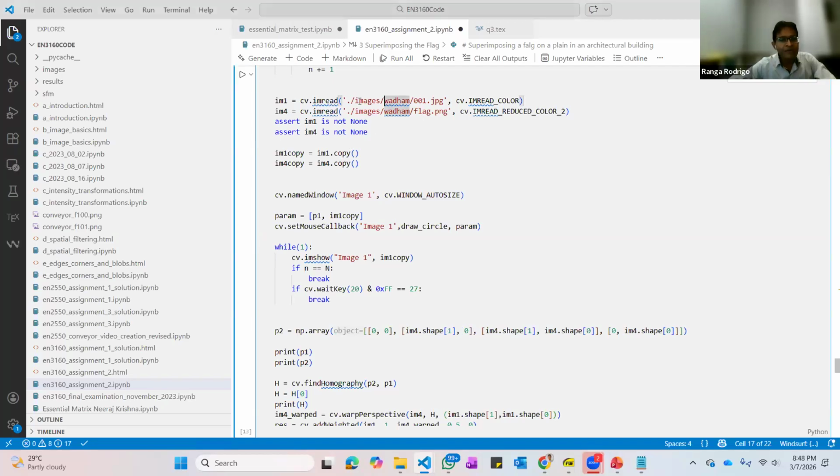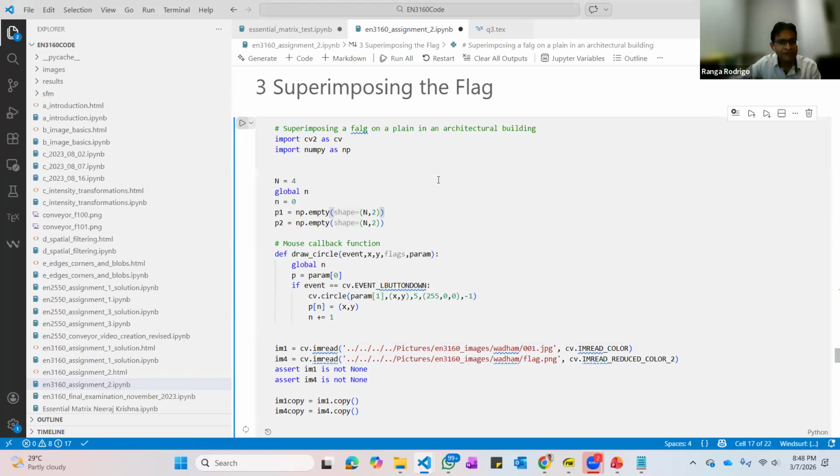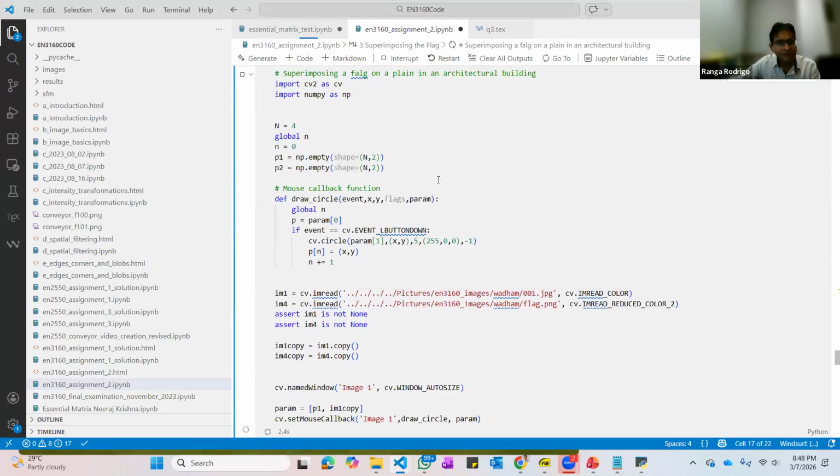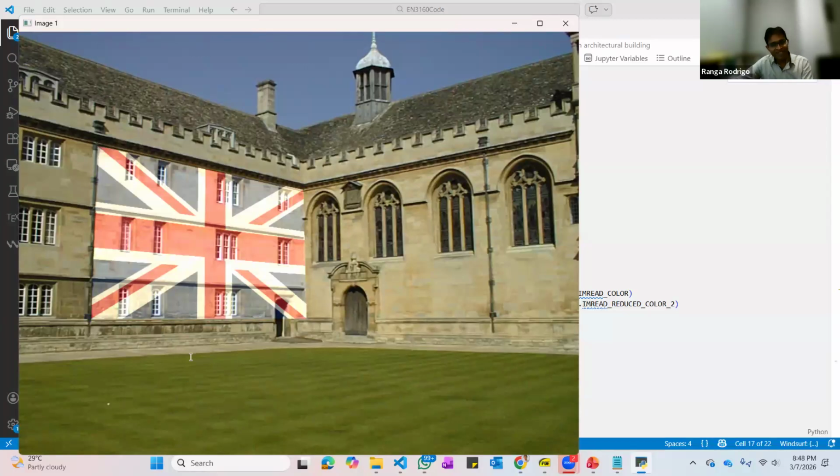Okay, now I click 4 points. This one, this one, this one, and this one. You can see the flag gets imposed.